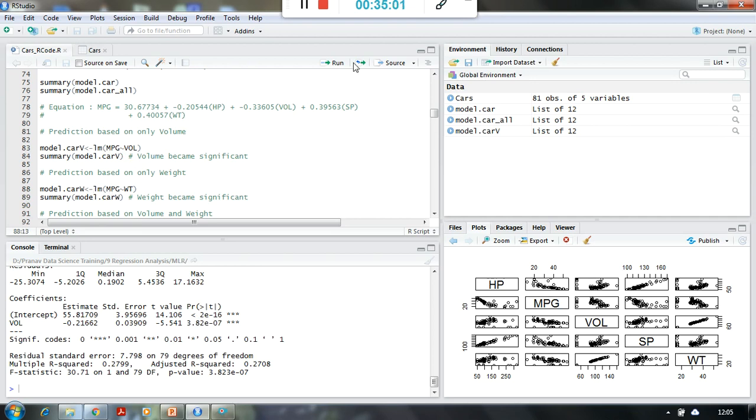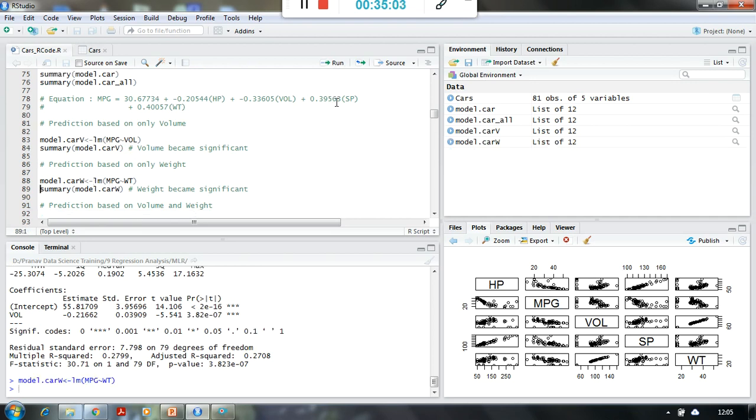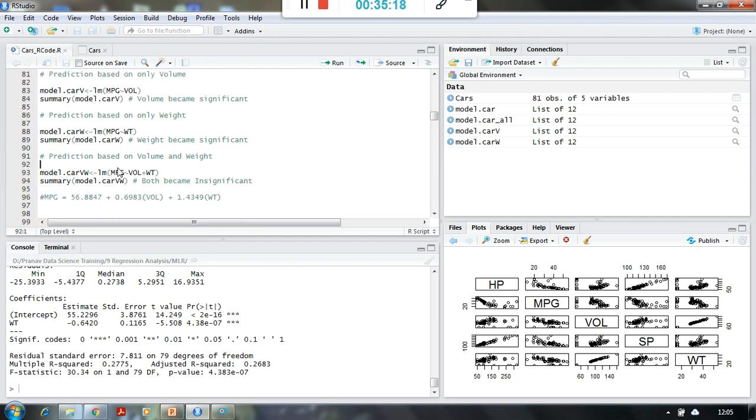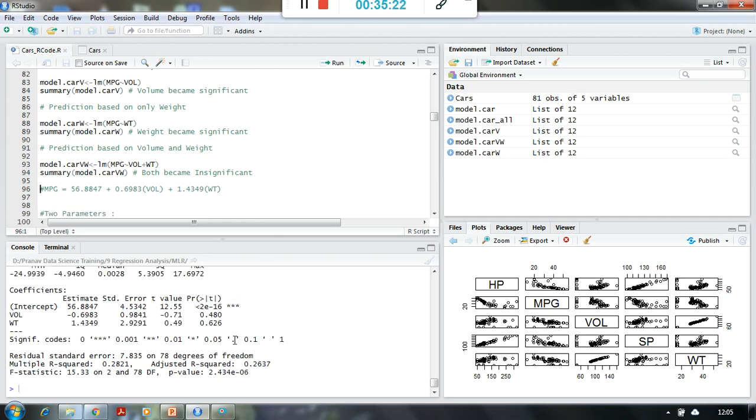If I take weight alone, then again, yes, it is also extremely significant. This tells us that if we take volume and weight separately, they contribute in the prediction of MPG. But if I take them together, then my probability values go up like this. They are not significant, and that's the problem.